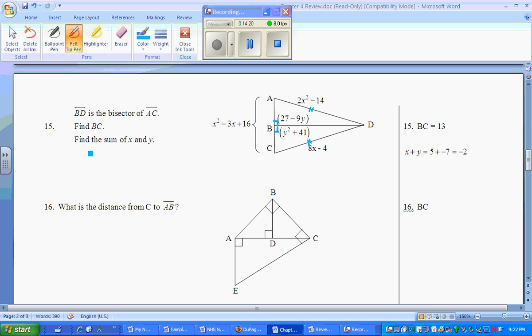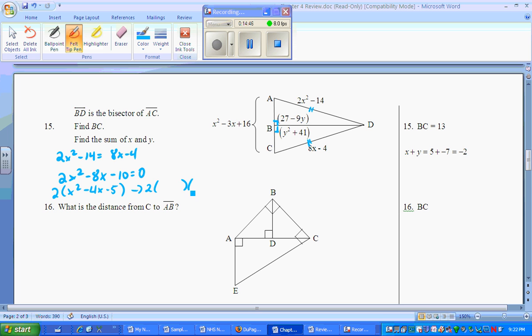So for x, we can set up 2x squared minus 14 equals 8x minus 4. Simplify, we get 2x squared minus 8x minus 10 equals 0, because we're going to add 4 over that way. Pull out a 2, leaving x squared minus 4x minus 5. We can factor this.